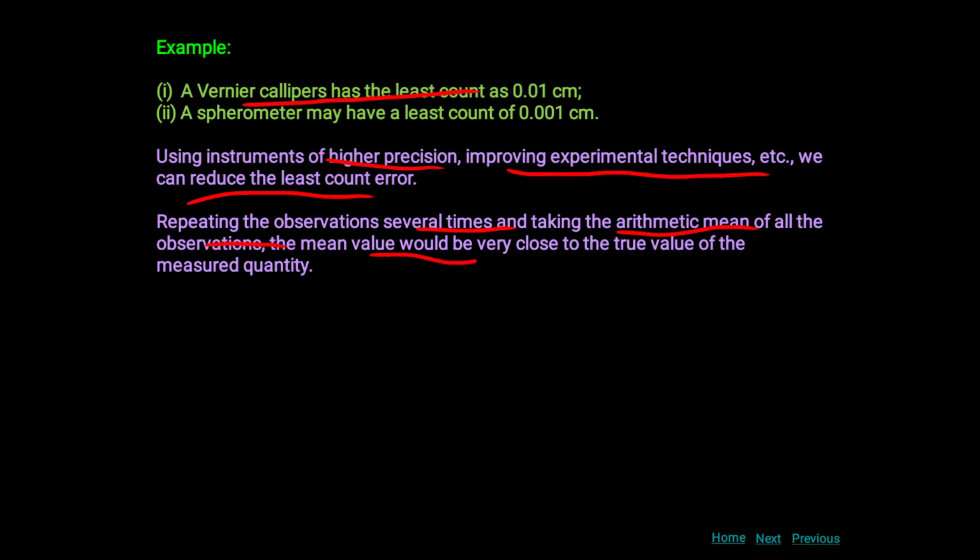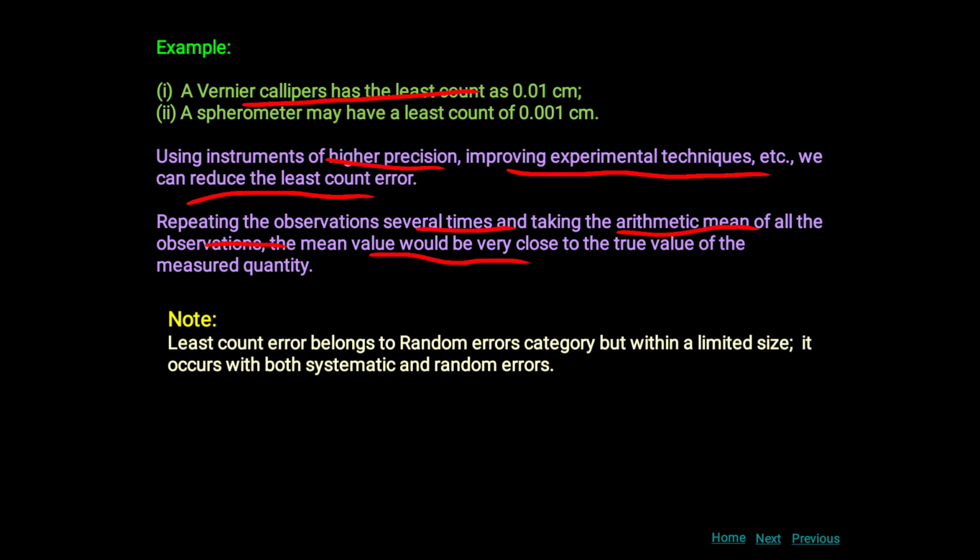The mean value will be very close to the true value of the measured quantity. Note some points to be noted. The least count error belongs to the random error category, but with a limited size. It occurs with both systematic and random errors.